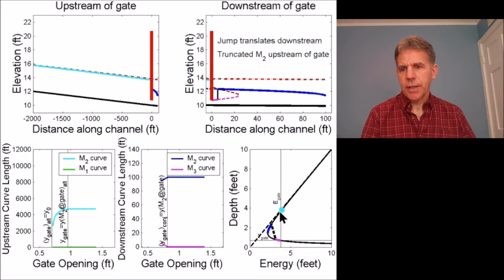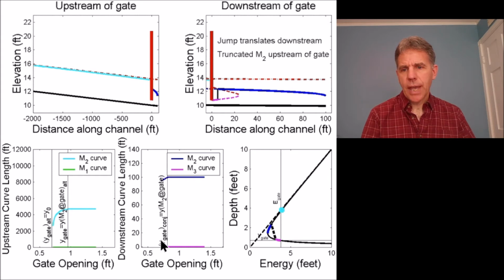You can see that there is actually the energy associated with normal depth is slightly higher than the energy of the gate. Then we move down vertically because of the gate to the supercritical alternate depth. We have an M3 curve, hydraulic jump, which loses a bit of energy, and then an M2 curve down to critical depth.